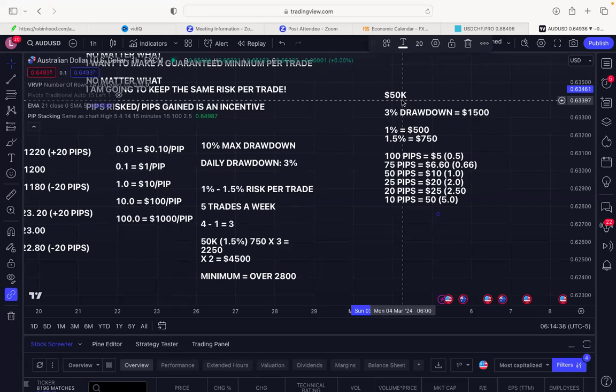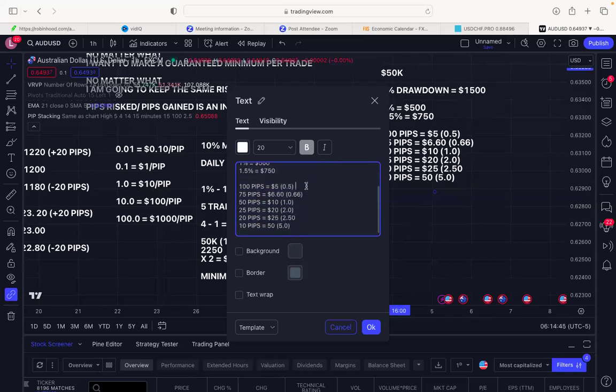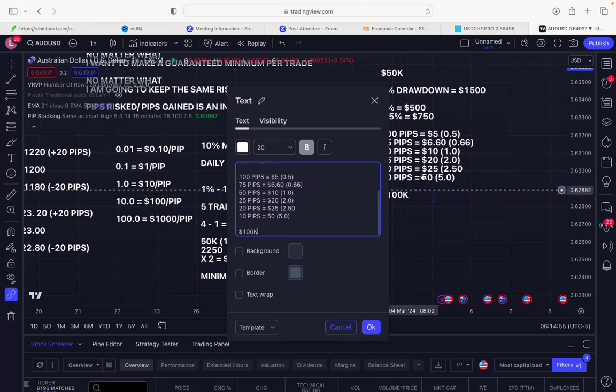All right. So that's the framework for 50K. So for the 100K, you guessed it, just multiply all of this by 2.